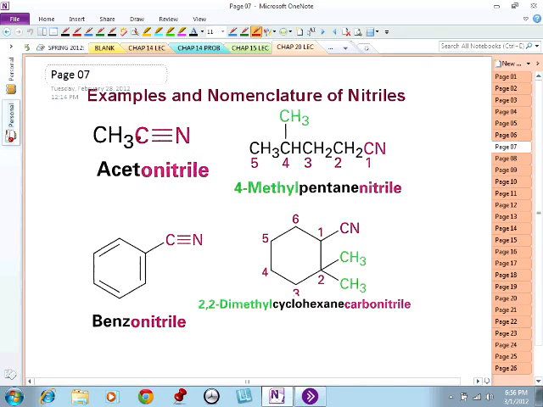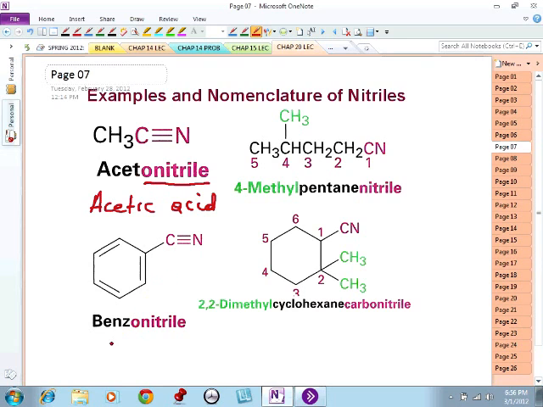In this case, the corresponding carboxylic acid here is acetic acid. So here, what have we done? We remove the suffix IC, and we replace it with O-nitrile. So that becomes acetonitrile.